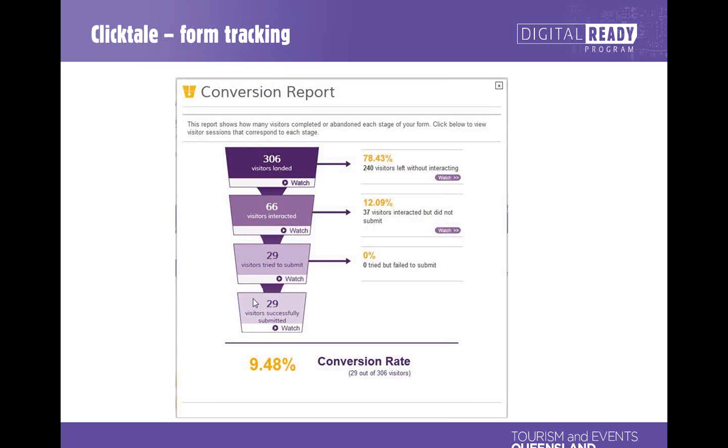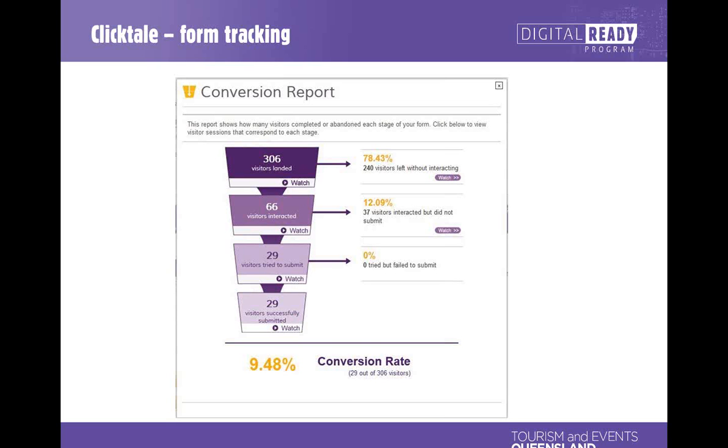So this is obviously your successful submission. It gives you conversion rate, 29 out of 306 visitors converted. What this information can tell you is where are the problems in your fulfillment form, in your booking form or your inquiry form, if that's what you have.